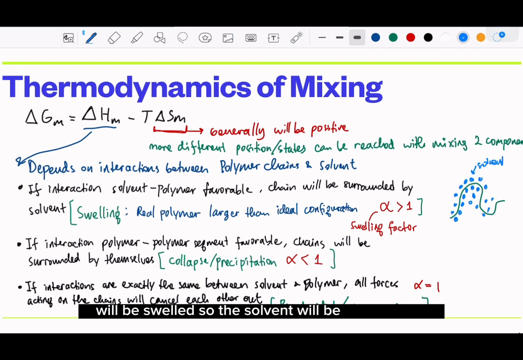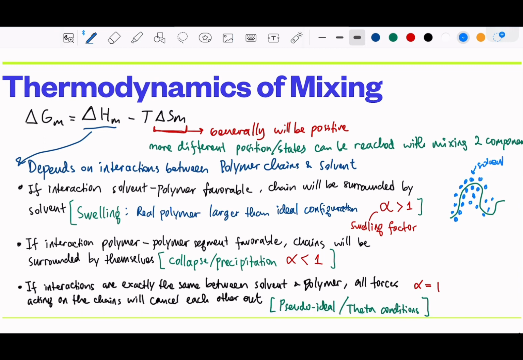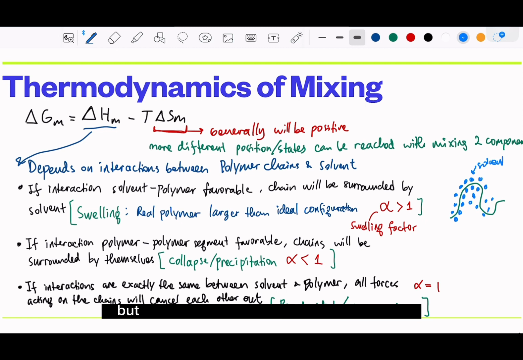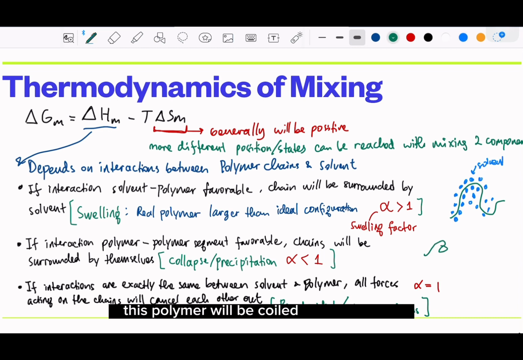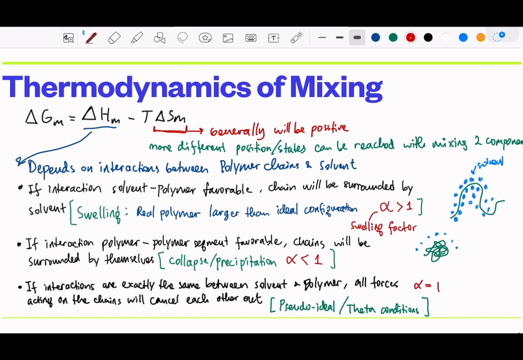The solvent will be going inside, it can absorb and then it will be swelled. But if the polymer attract with other segments of the polymer, then this polymer will be coiled by themselves and the solvent is not going to enter. So it goes like that. So this is swelling, this is collapse.